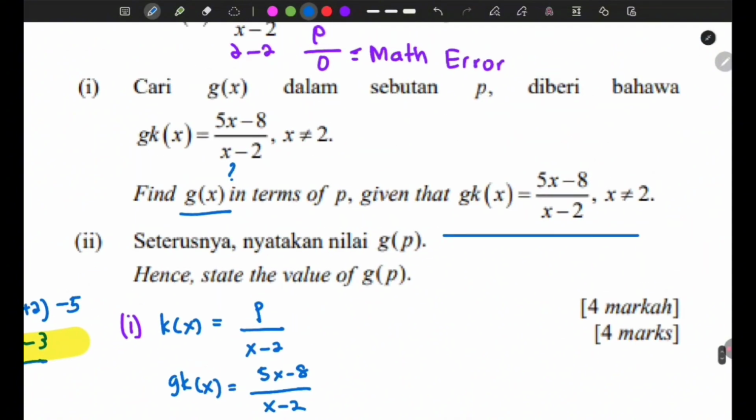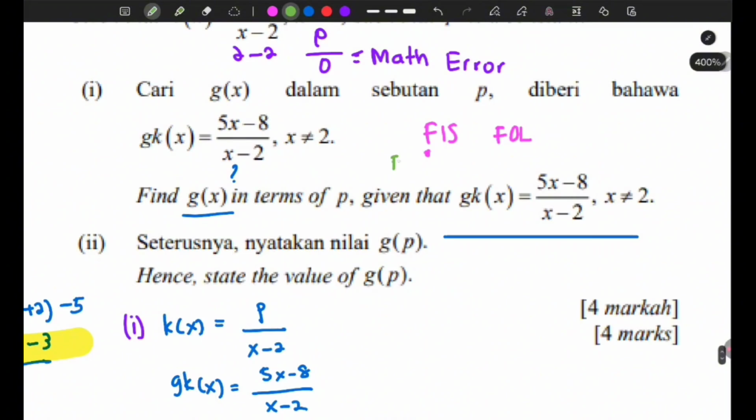And I told you for this type of question you have to use the ISO form. Function, maybe I write here, inside substitute. I here means inside, S means substitute. This one function, the F, outside the O, and here L is let y.